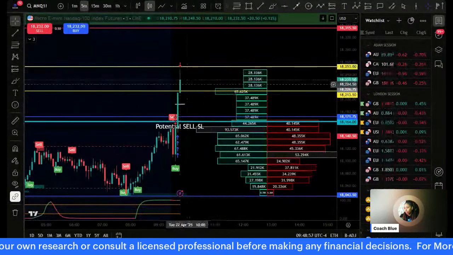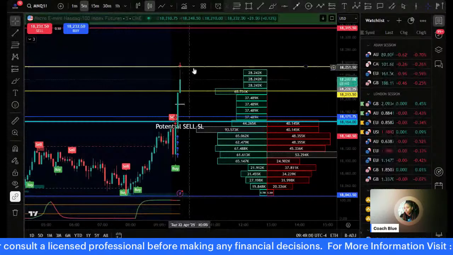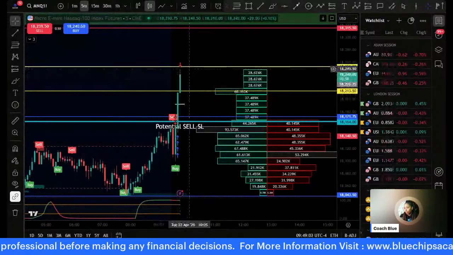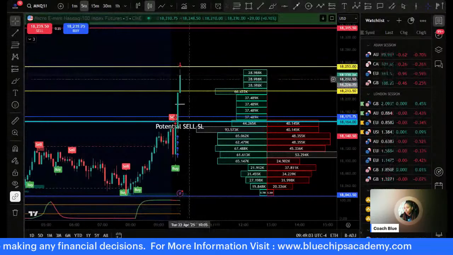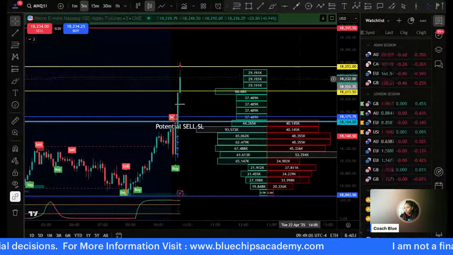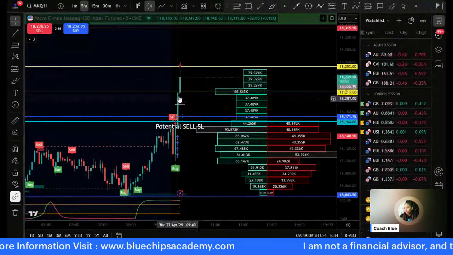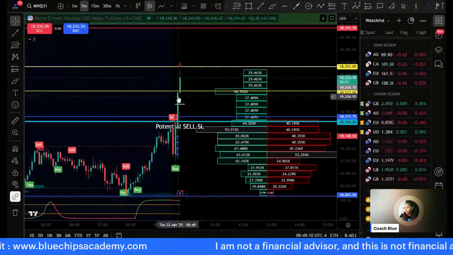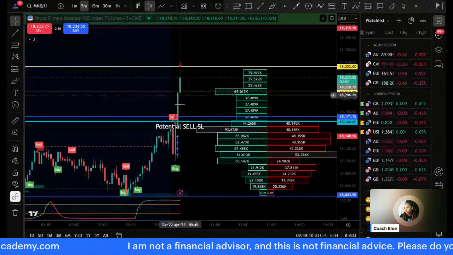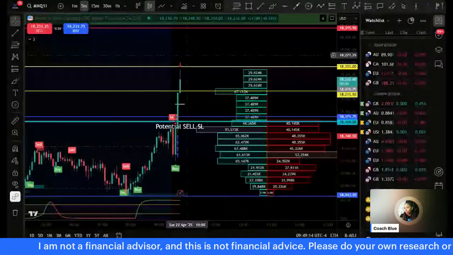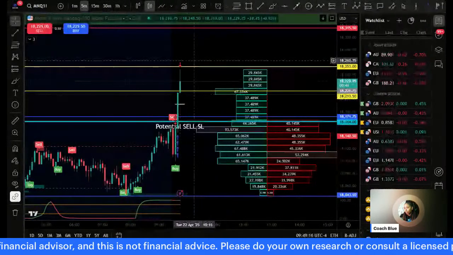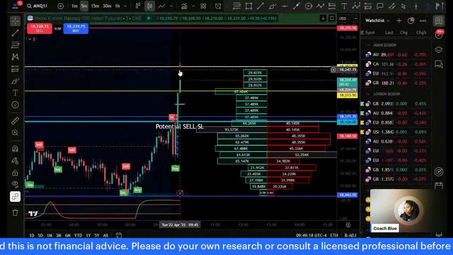I wanted to actually stay in, but I didn't get a chance to set my take profits as fast as I wanted to. But it's all good. I would probably still be in, and my break even would probably be down here, right under this candle. So if you want to stay in, just keep that in mind.